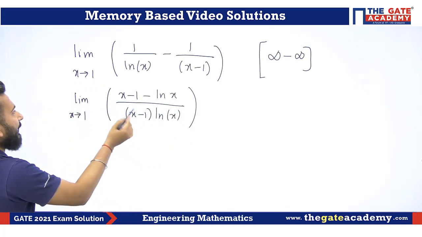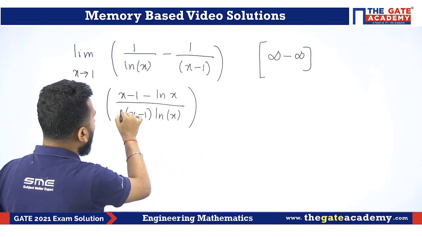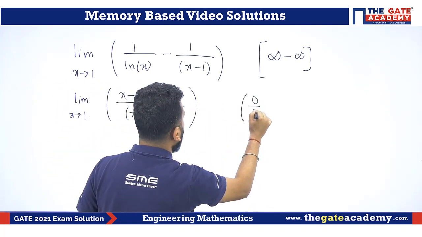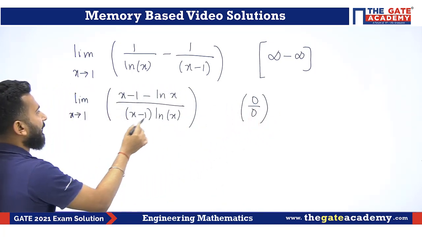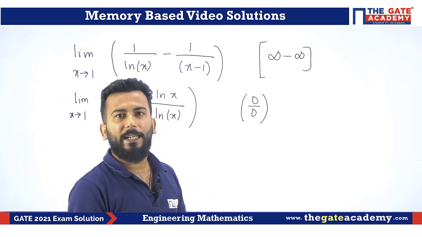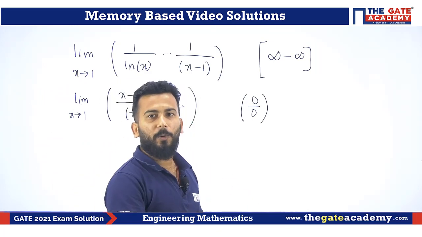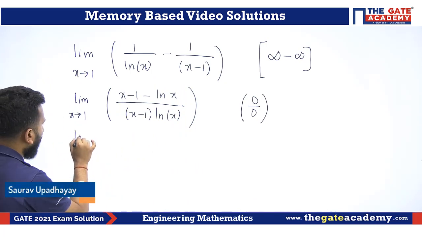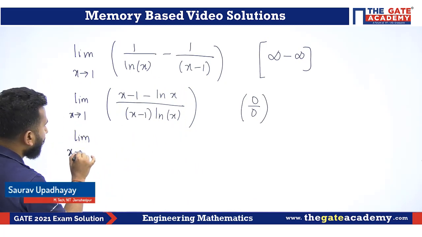If you substitute 1 in the entire form, it is 1 minus 1, so it is of the form 0 by 0. ln of 1 is 0, and 1 minus 1 is 0. After that, it's L'Hopital's rule. Clearly, the entire purpose was to convert it into a form where we can use L'Hopital's rule. So differentiate the numerator and denominator.